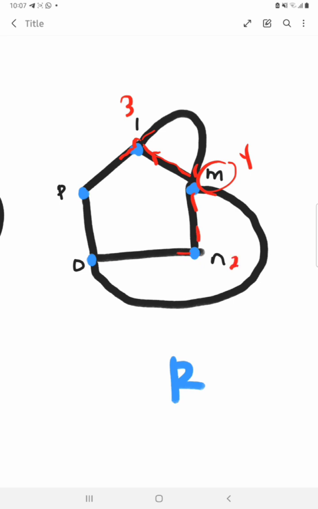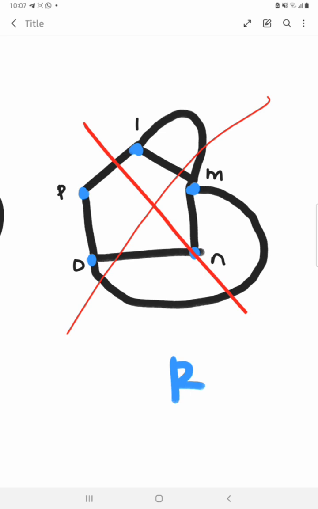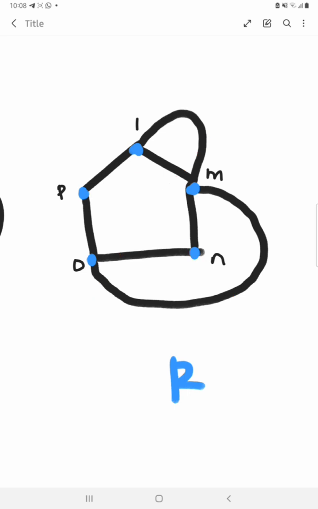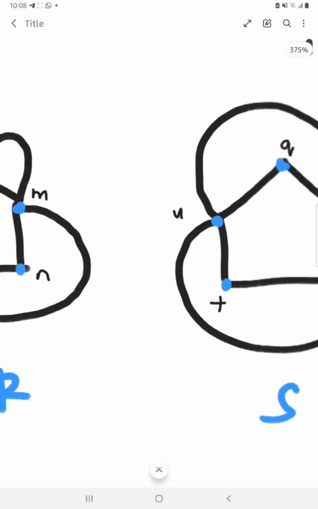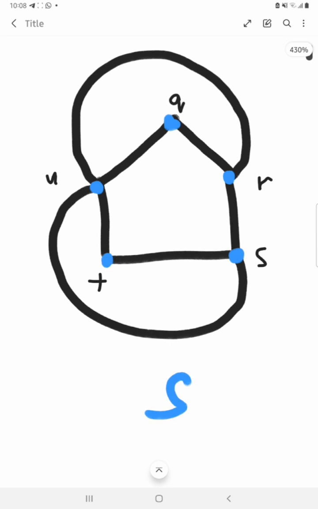Yes, it's true, but it doesn't match the graph P points, right? This is 4, 3, 2. It's supposed to have 4, 2, 2. Okay, so this is eliminated immediately, because this doesn't meet the isomorphic features, the elements. The adjacency is not preserved.